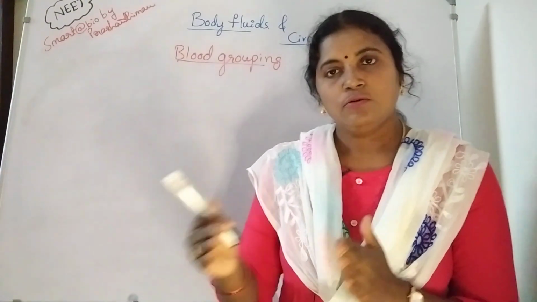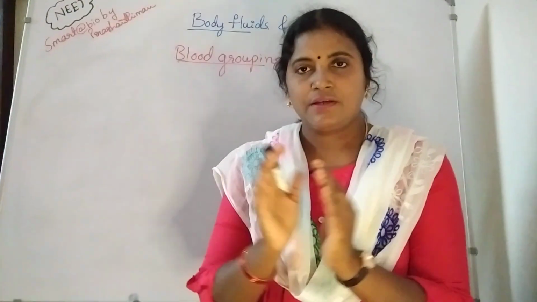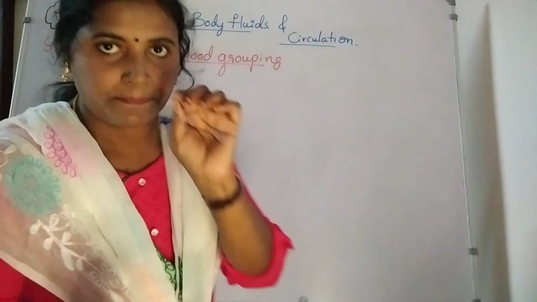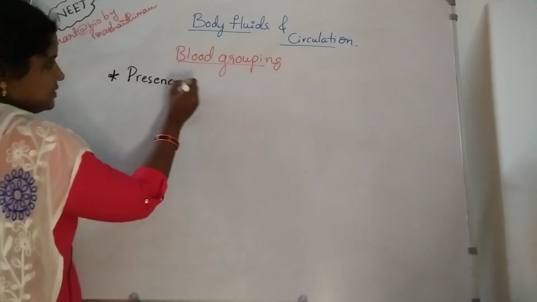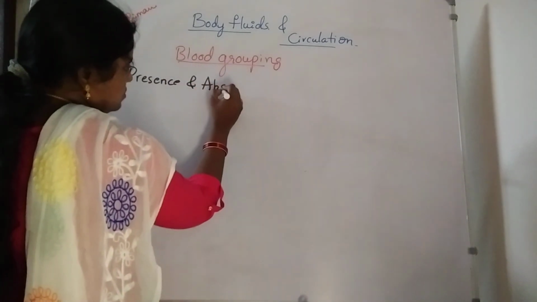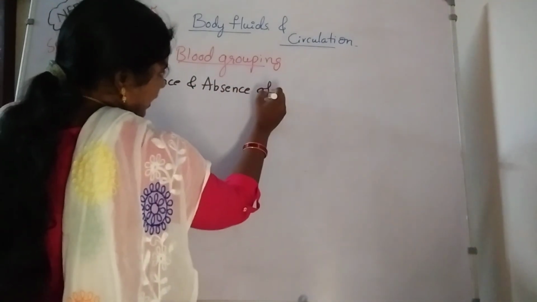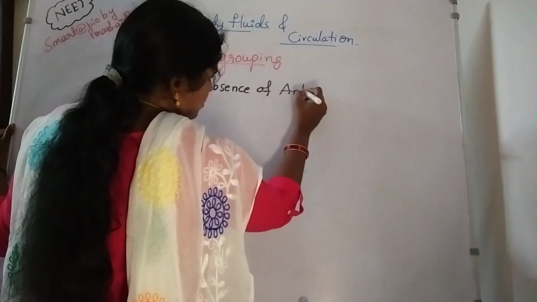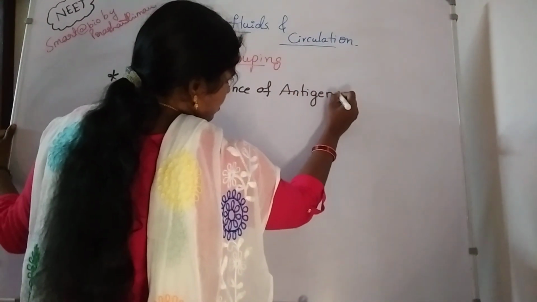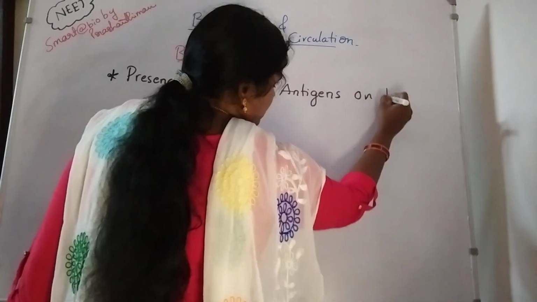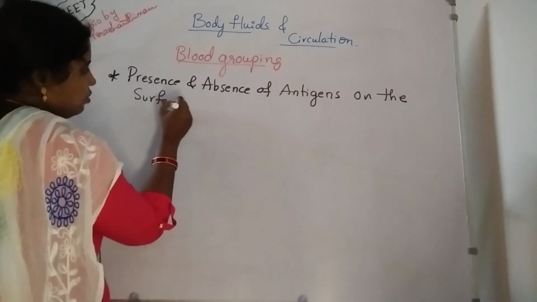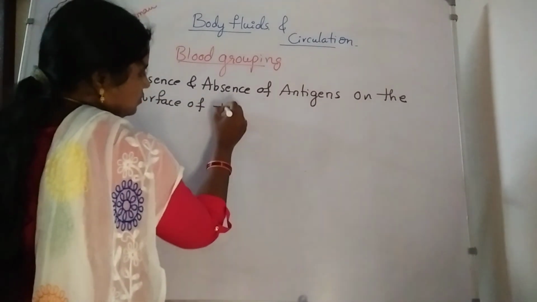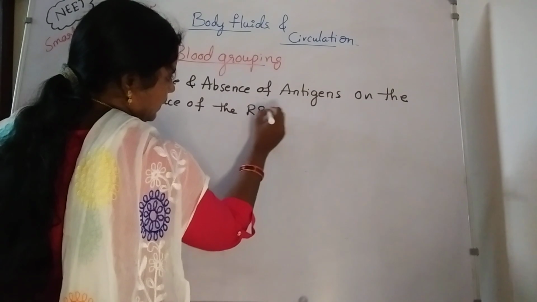See, blood groups are mainly based on, very important point here, presence and absence of antigens on the surface of the RBC.